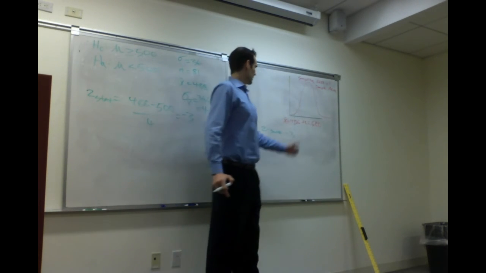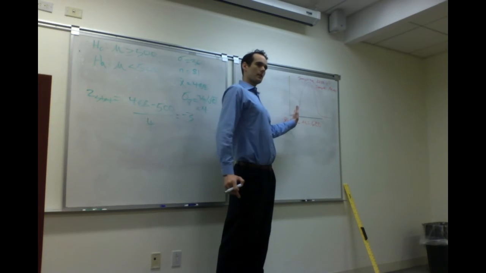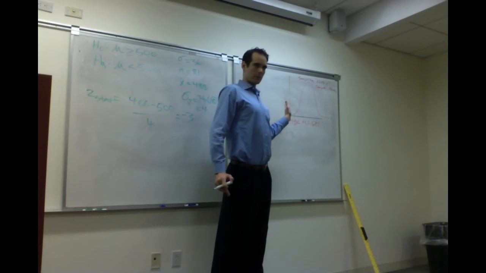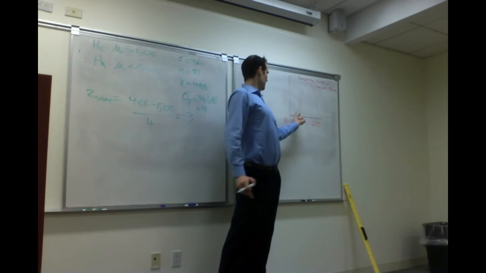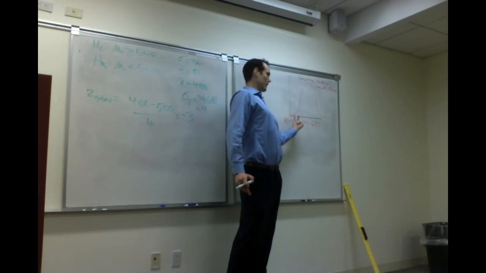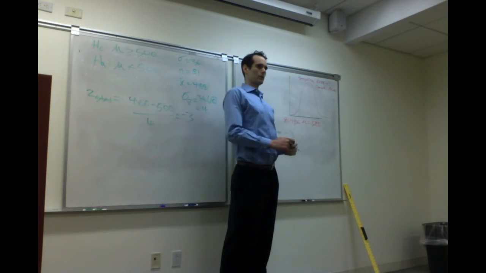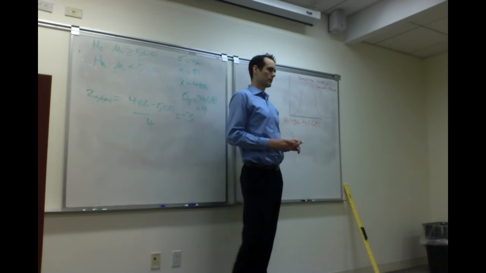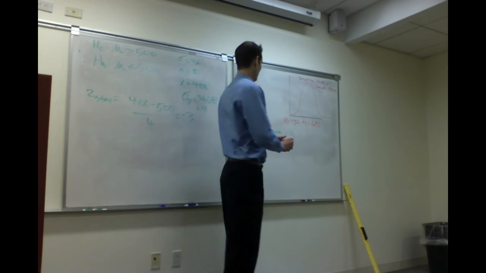The question is, what are the chances of getting something that extreme or more extreme? And we answer that question by determining how much of the data is below negative 3 on the z-score. So we crack open our z table, and we get a p-value.